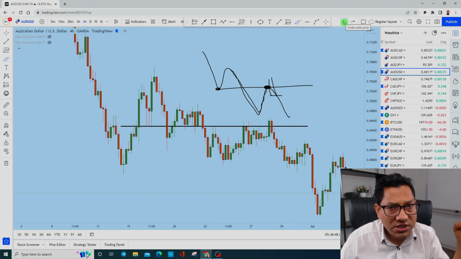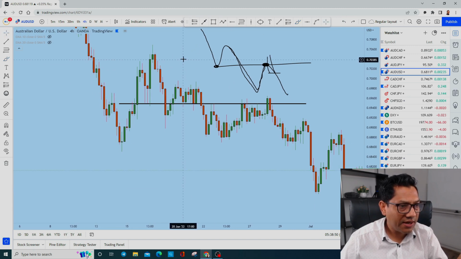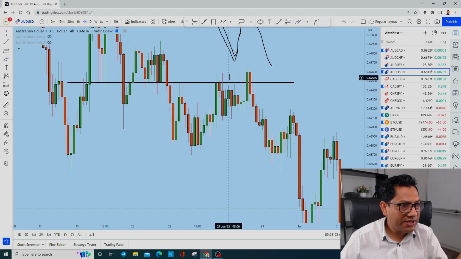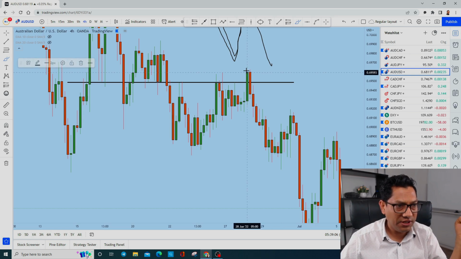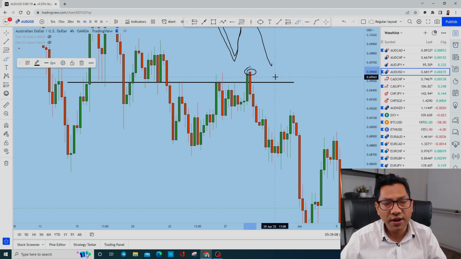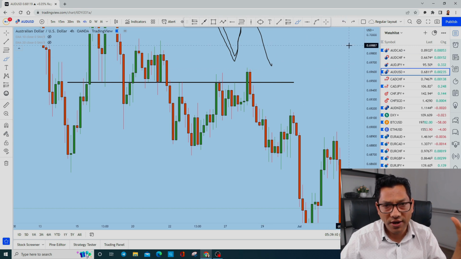Now when to sell will be answered when we see a strong rejection, a bearish candle, or any kind of price action based on your strategy, that is where you will be deciding when to enter or when to sell.